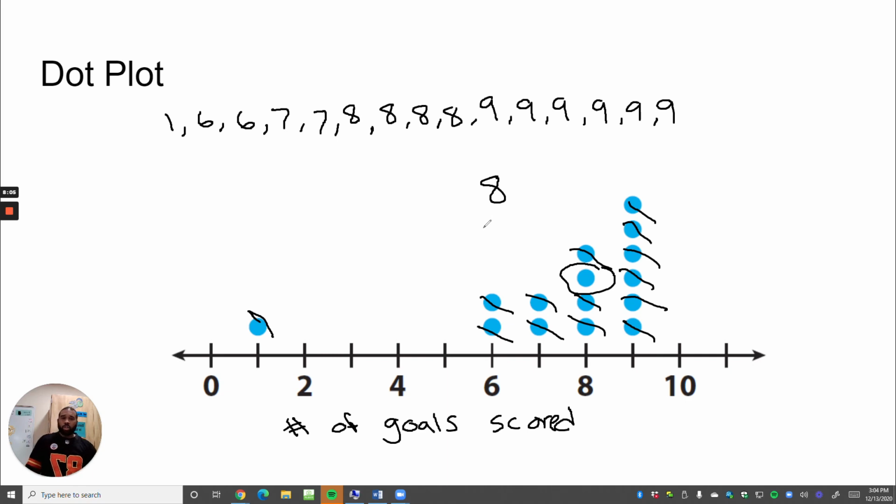I could also recreate my data set if for some reason I needed to find the mean. I can also use a dot plot to find the mode, or which occurs the most often, because it would have the highest stack of dots.